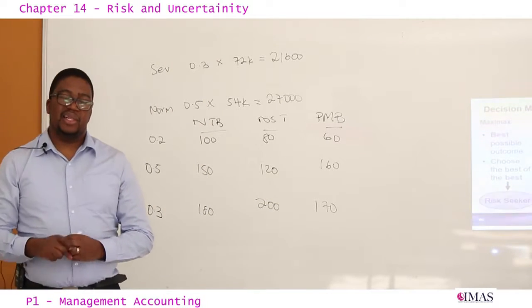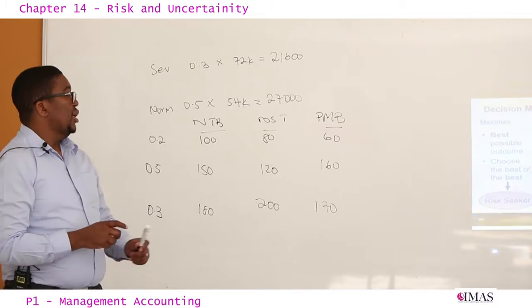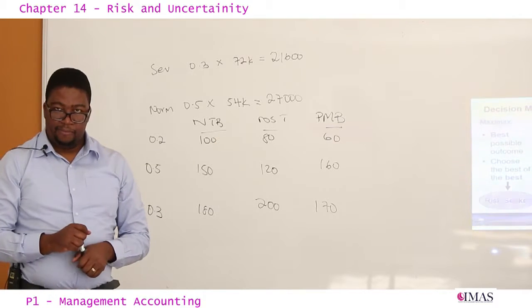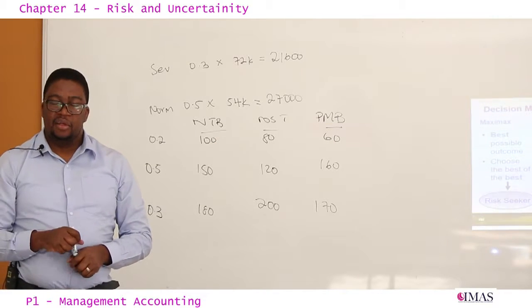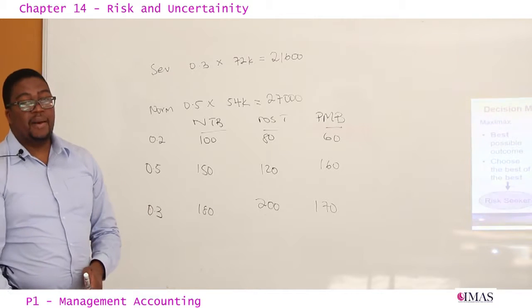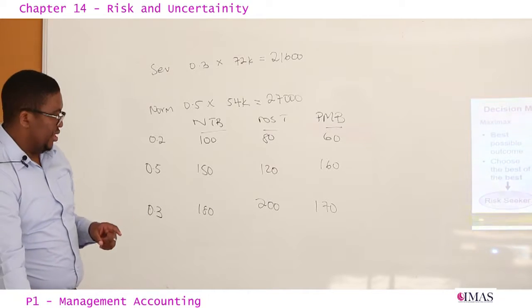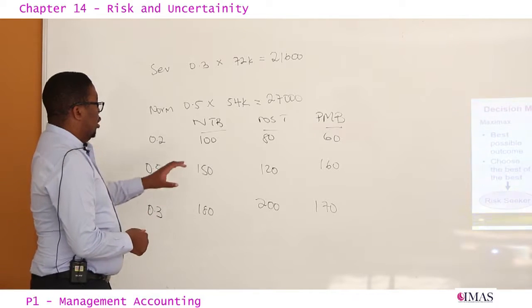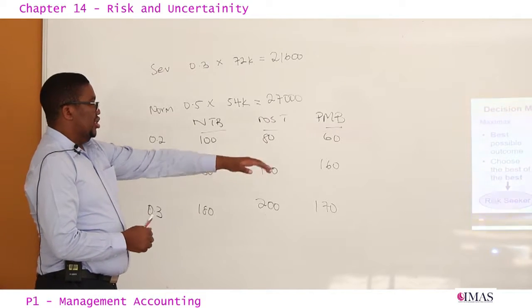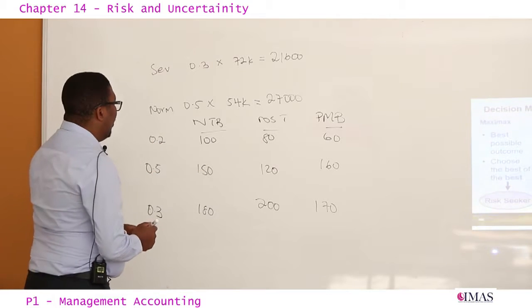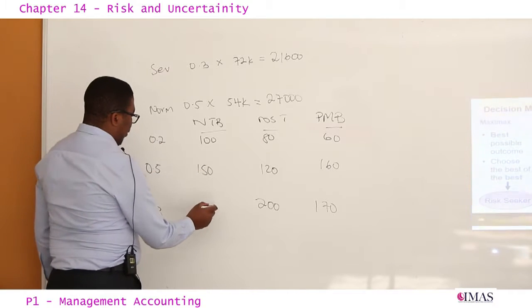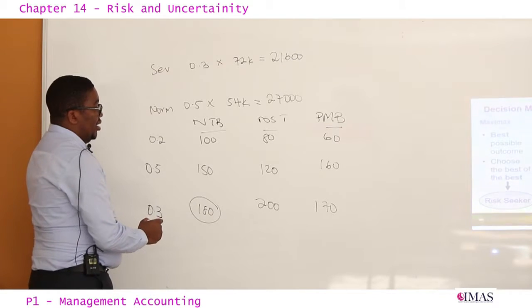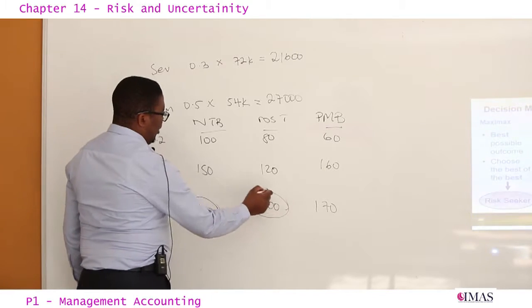If somebody is classified as a risk seeker or a maximax, he is looking for the best of the best. Then now the question that we need to answer, on these three options, which are the best? In Witbank, the best option is 180. In Nelspruit, the best option is 200.